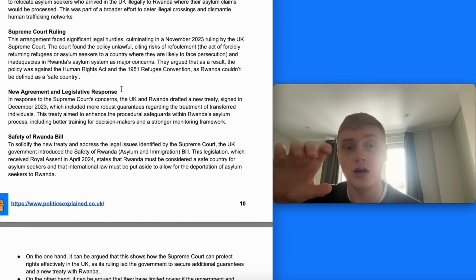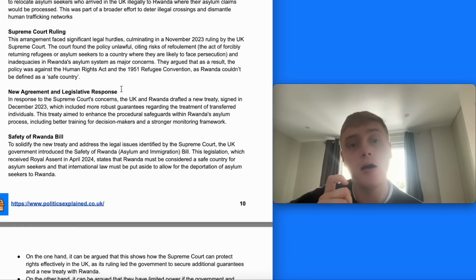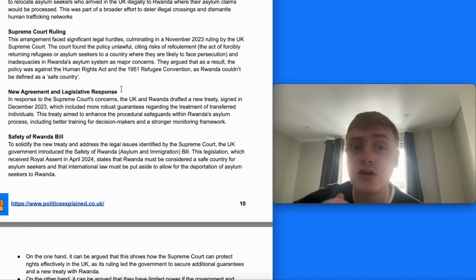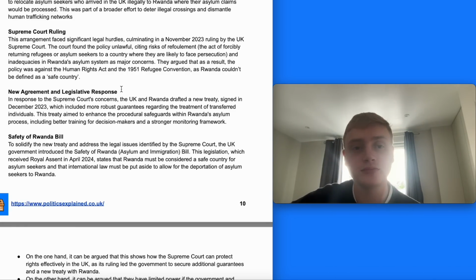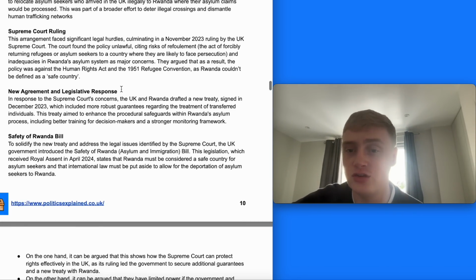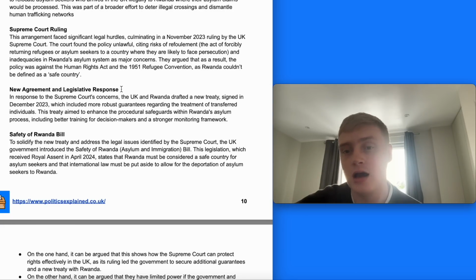It faced significant legal hurdles, particularly in November 2023, when the Supreme Court found the policy unlawful due to risks of refoulement, which is effectively these refugees being forcibly returned to a country where they're likely to face persecution, whether that country uses torture, has a very poor rights record, or persecutes LGBT individuals.